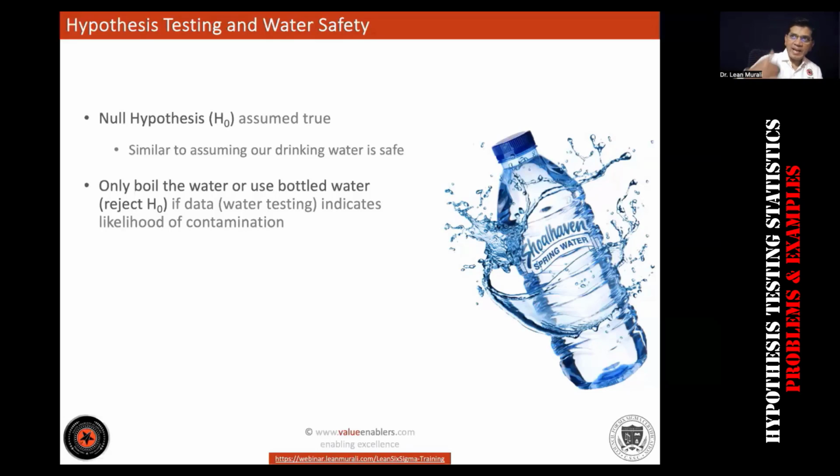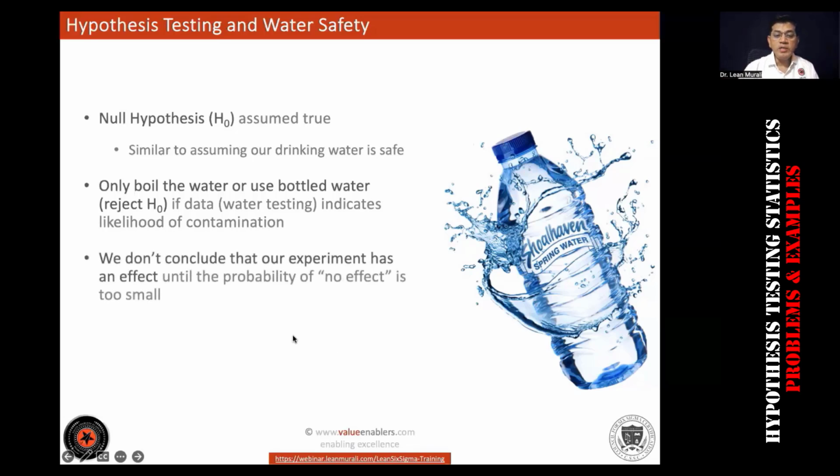So you will gather evidence of the existing water to see if there is any contamination. If it is proved that the water is contaminated, then you reject the null hypothesis in favor of the alternate hypothesis and say that the water is contaminated here. So we don't conclude that our experiment has an effect until the probability of no effect is too small.